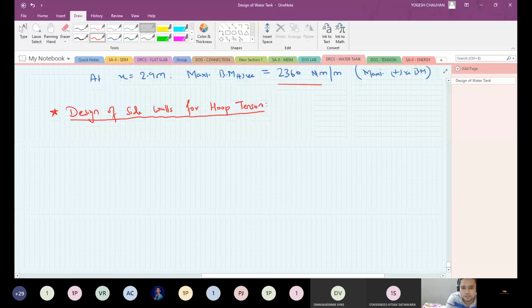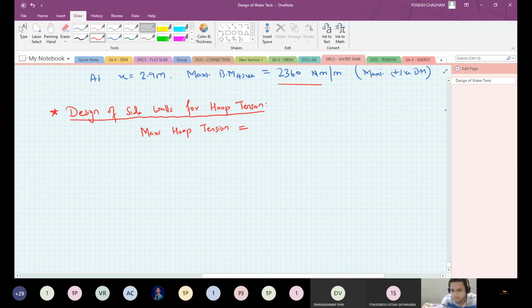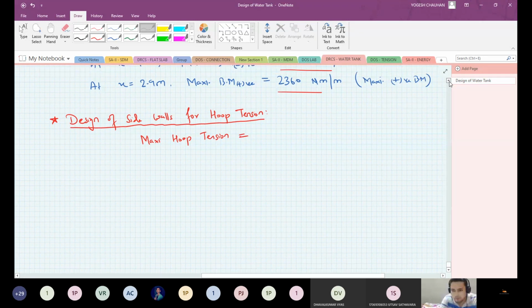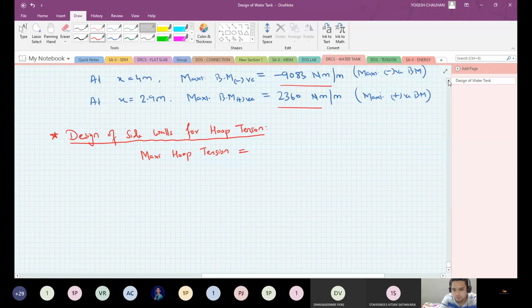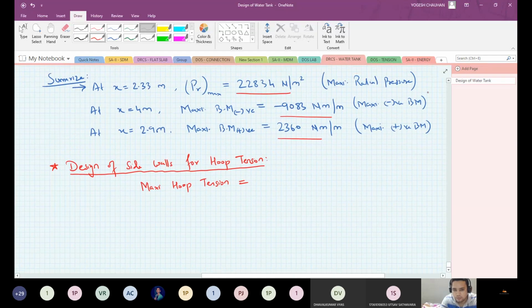So maximum hoop tension is equal to this 22834 Newton per meter square.